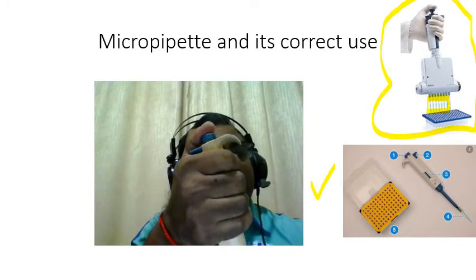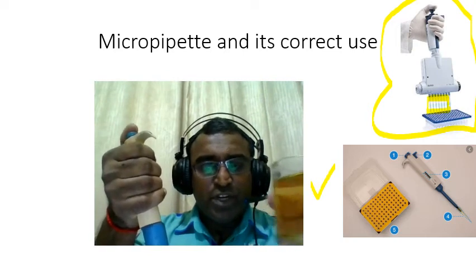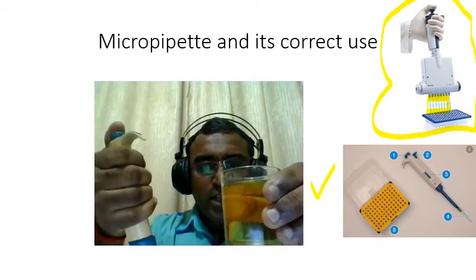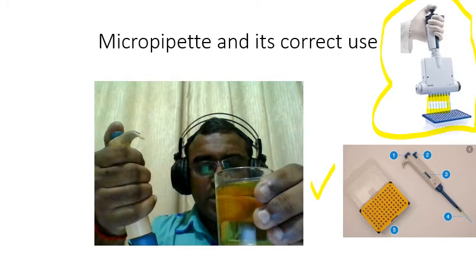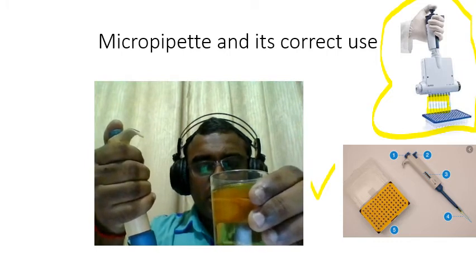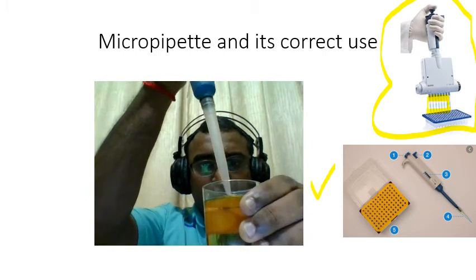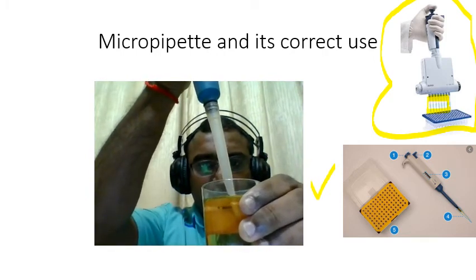And then I have here a colored solution to demonstrate how to take up. While you are at the first resistance, apply the pressure. Do not release it at any point. Go to the solution and then do the suction.